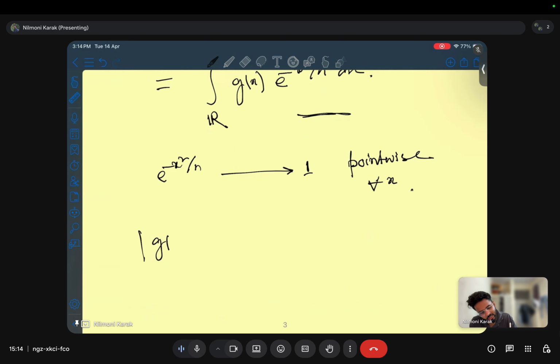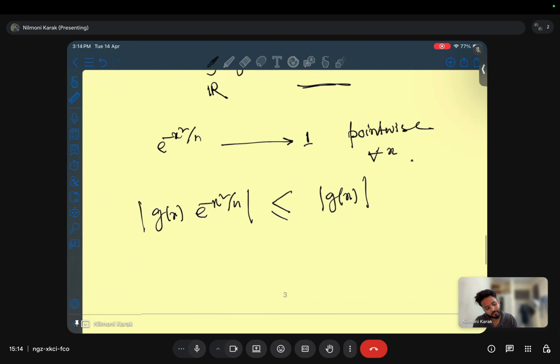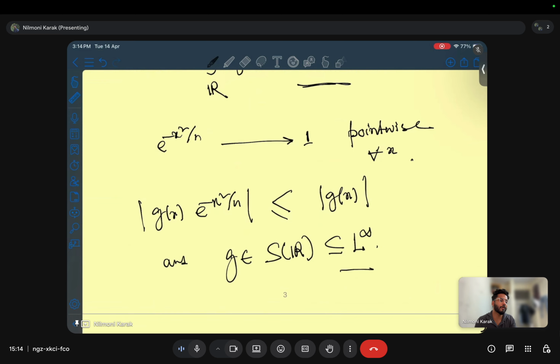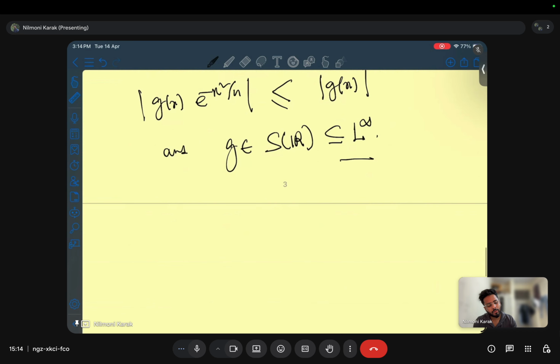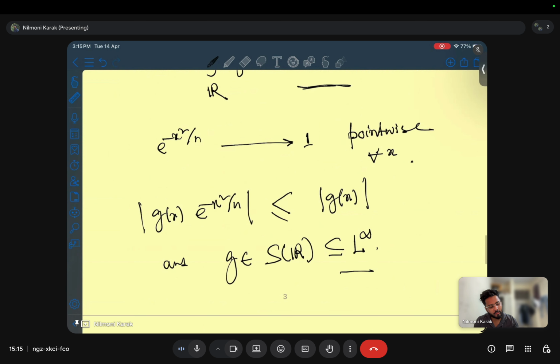Now the absolute value of g(x) is dominated, and g belongs to SR, so it is integrable, in L1.